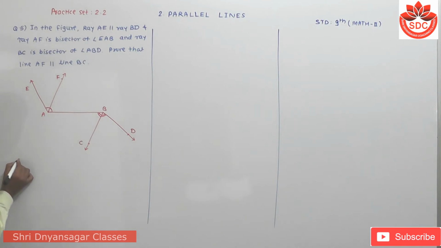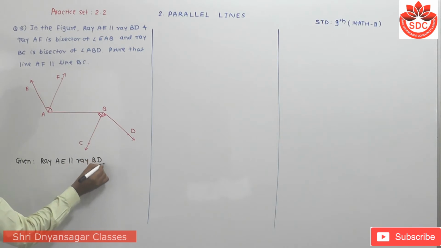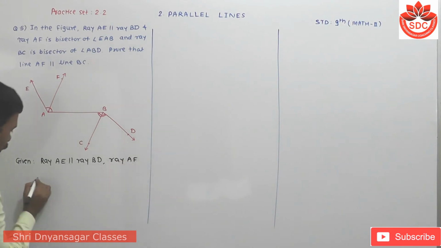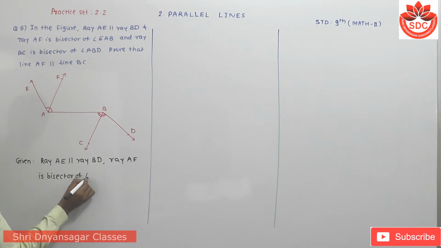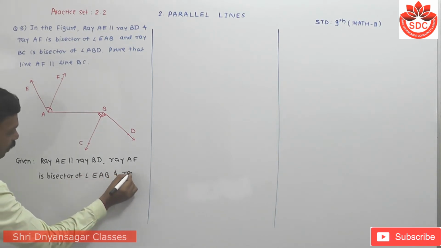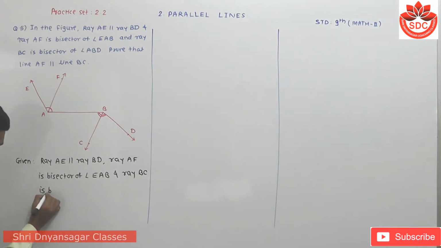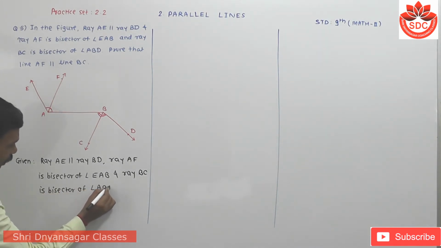Students, here is the given. Ray AE is parallel with ray BD. Then second one is ray AF is bisector of angle EAB and ray BC is bisector of angle ABD.